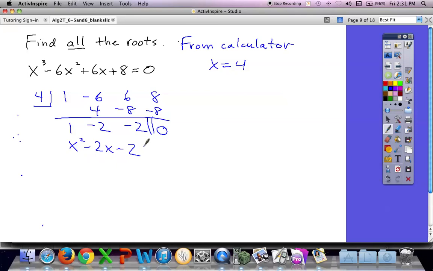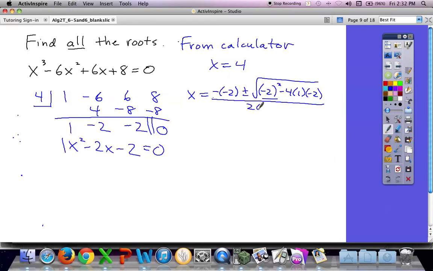Set this equal to 0, and then plug in A, B, and C into the quadratic formula. x equals -2 plus or minus the square root of -2 squared minus 4 times 1 times -2, divided by 2 times 1.